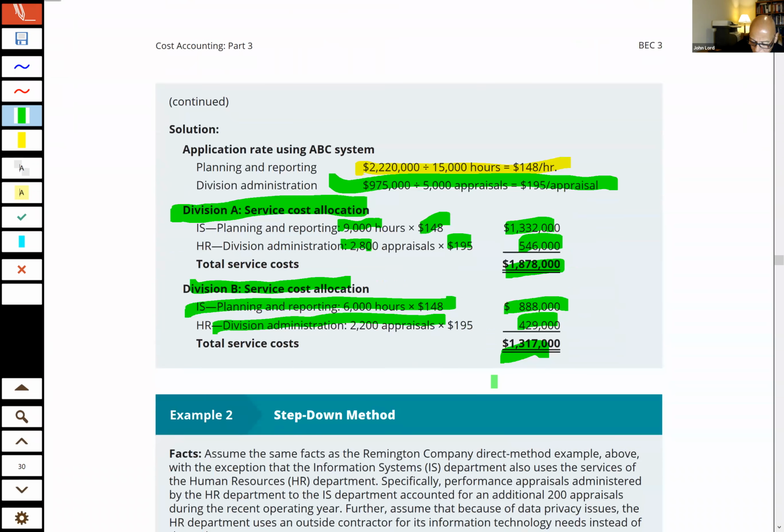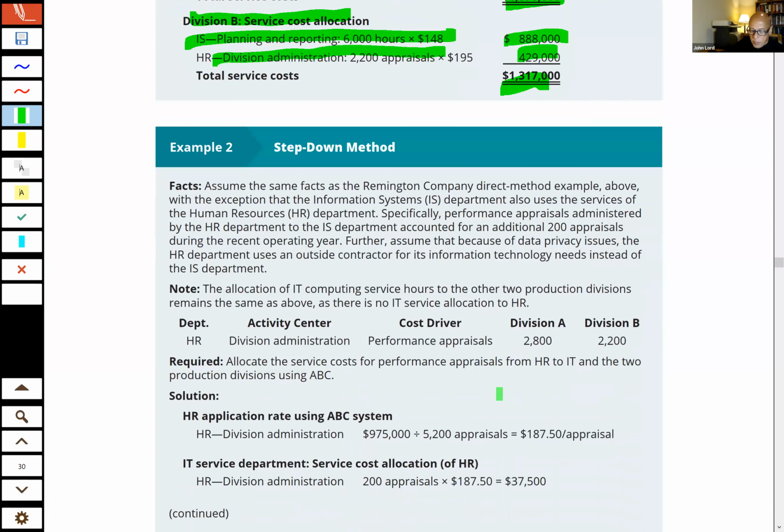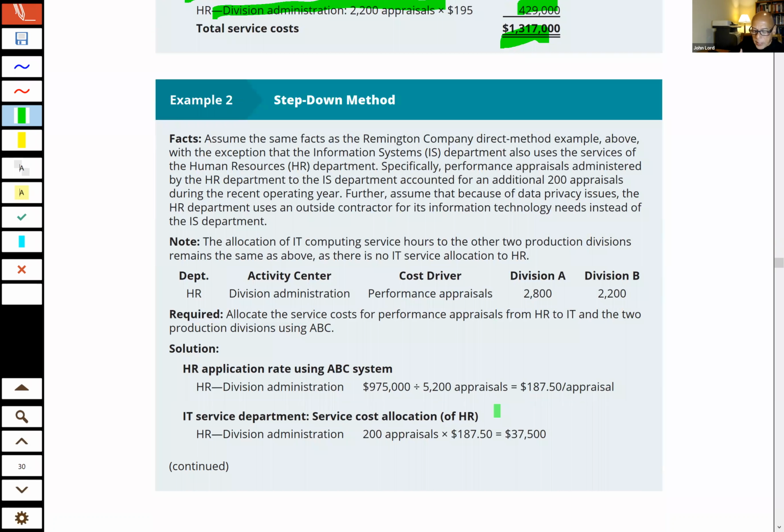Okay, good. Now with the step down method, we're going to apply some of the service department costs to the other service departments. They tell us that the facts are the same, except performance appraisals administered by the HR department to the information system accounted for an additional 200 appraisals during the operating year.